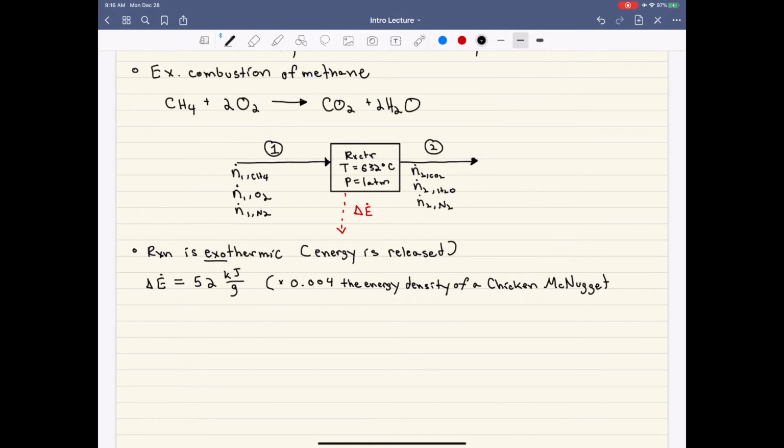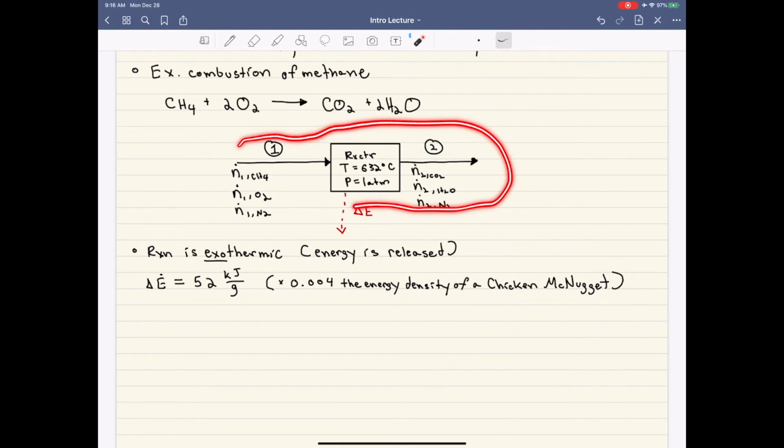All right, so the reason I bring that up is because if you're running this sort of combustion of methane process in order to produce energy for an entire city, you're not going to use just 1 gram of methane.